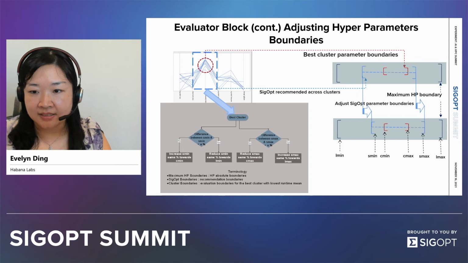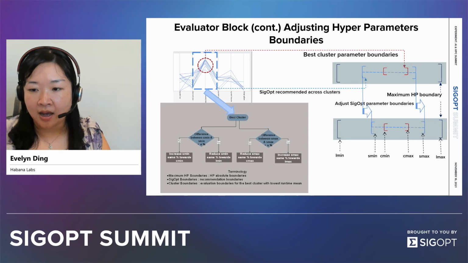On the second path, we compare the best cluster lower boundary with the SigOpt lower boundary. If it is far away, let's say more than 30%, then we move the lower boundary of SigOpt towards the lower boundary of the best cluster. Then we shift the left-hand side towards the best cluster lower boundary.